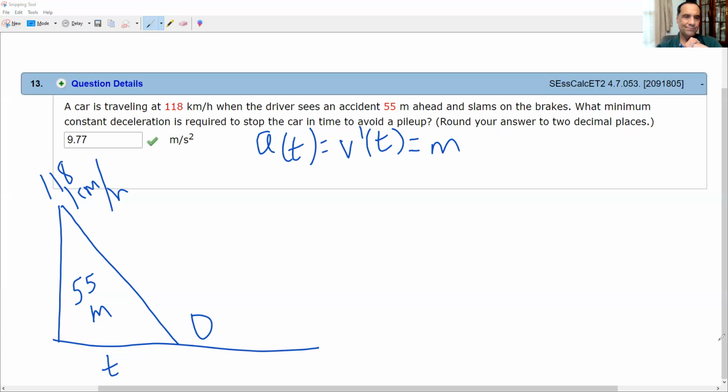Which means the velocity would be some equation in the form mt plus the y-intercept, which is given to be 100. Well, right now it's 118 kilometers per hour, but you're going to find out there are also some problems with that.